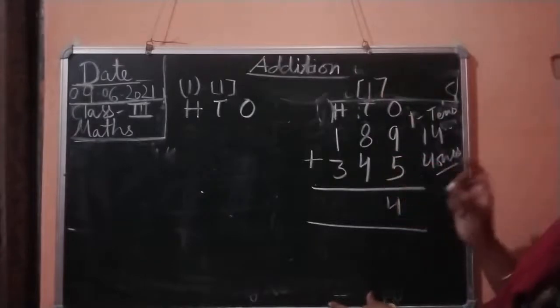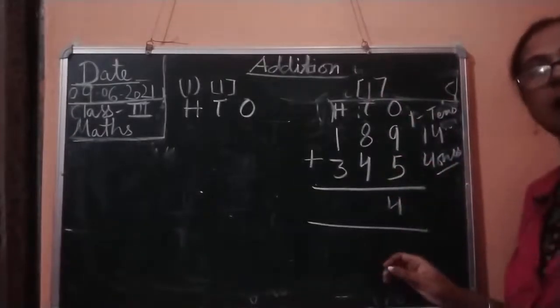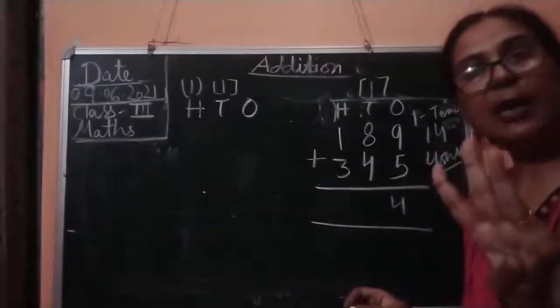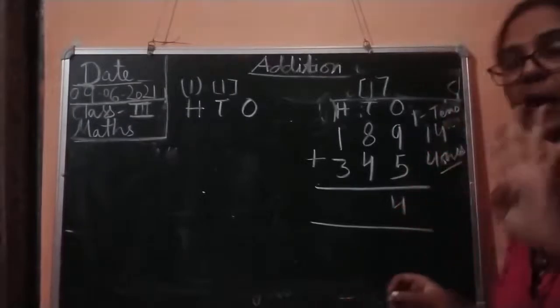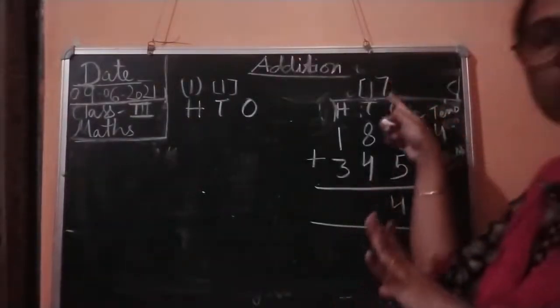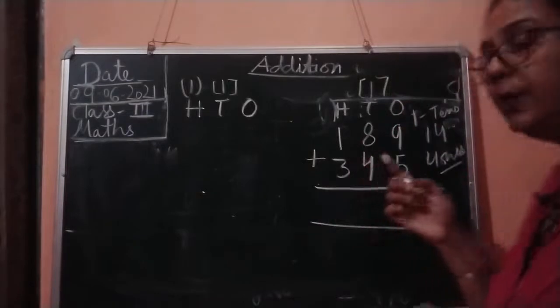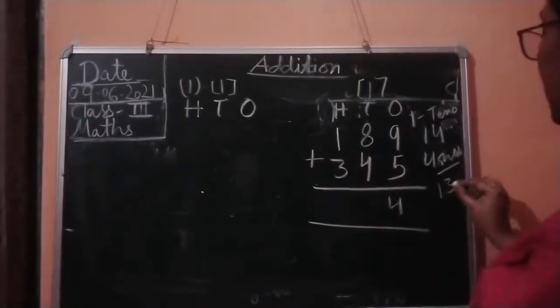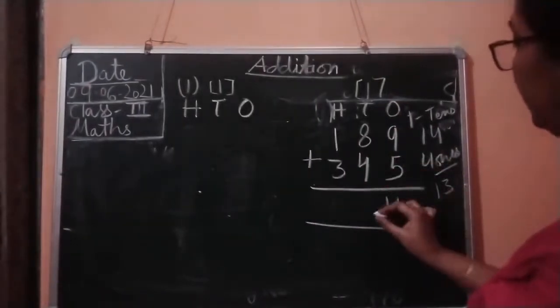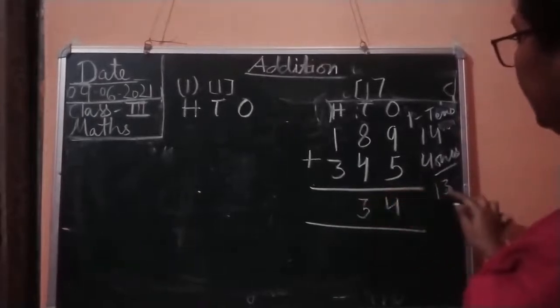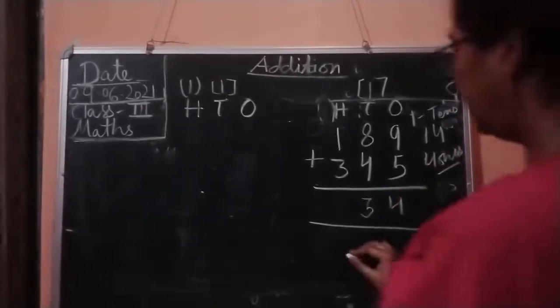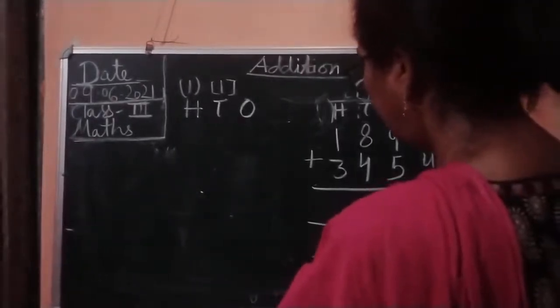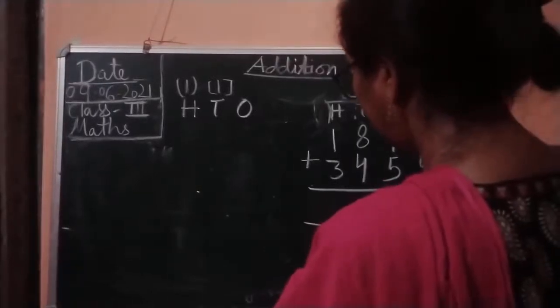Now 8 and 4. 8 and 4 is 9, 10, 11 and 12. So the answer is 12 plus 1. So what will we get? 13. So 3 we will write over here. This is 13 tens.